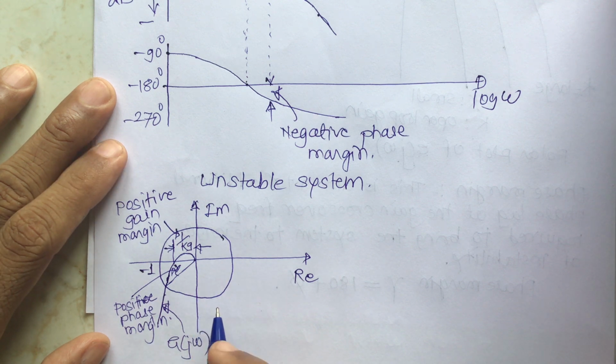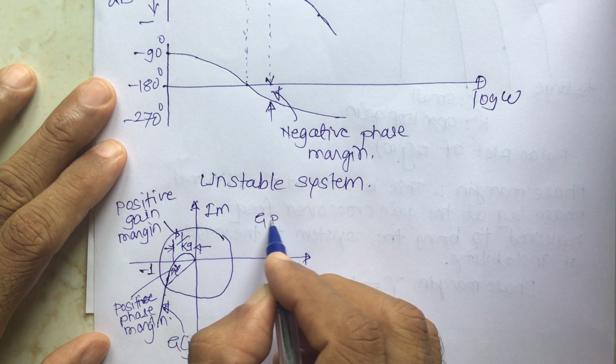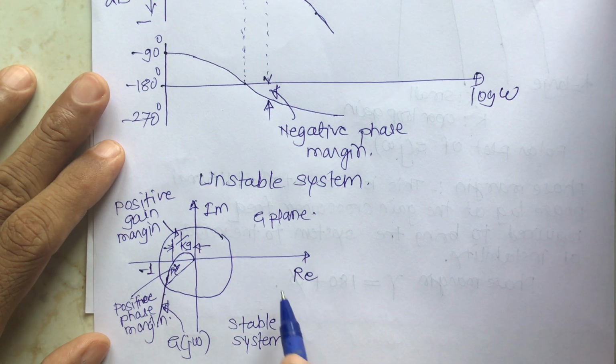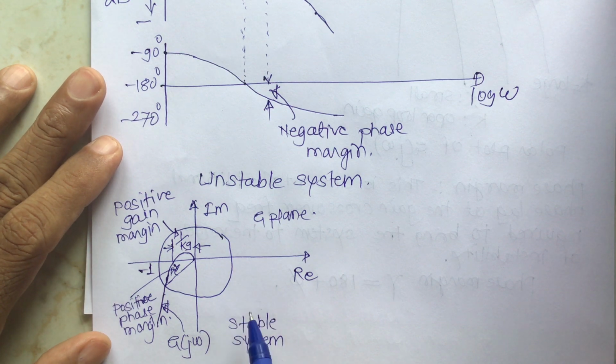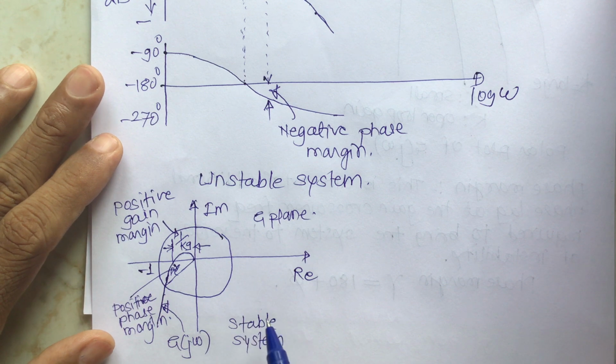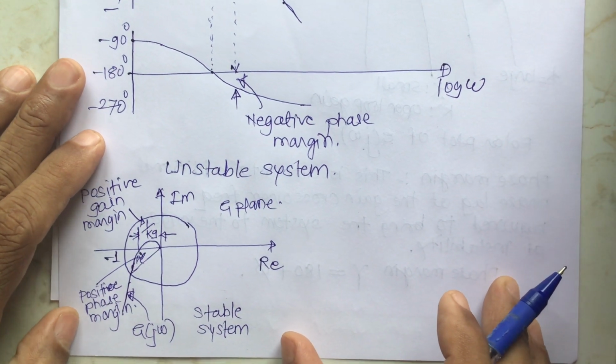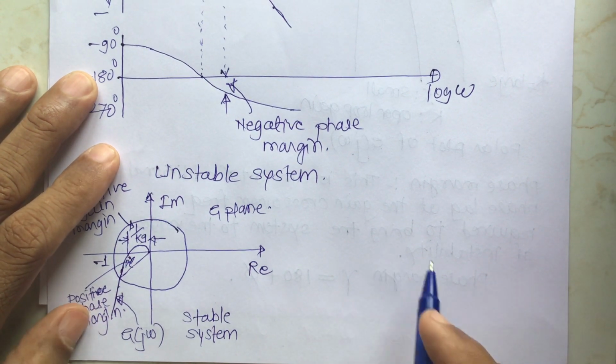Okay, so this is a unit circle, and this is the G plane, and such a type of system is a stable system. Okay, so this is the polar plot, and from the polar plot we can calculate the gain margin and phase margin for the stable system. Okay, so in the polar plot, what will be the case when your system is unstable?